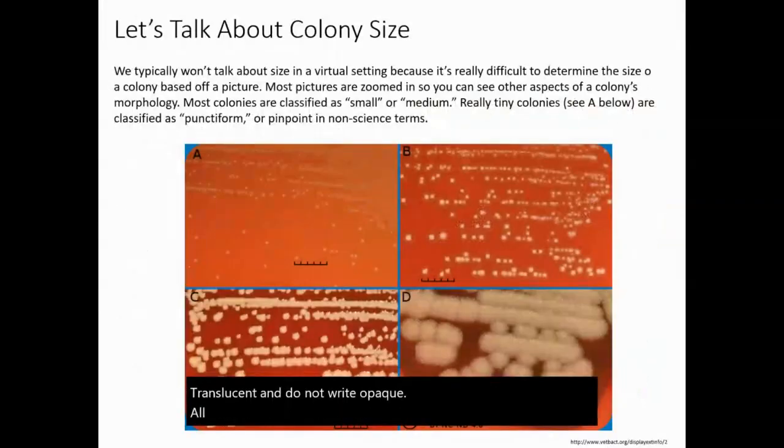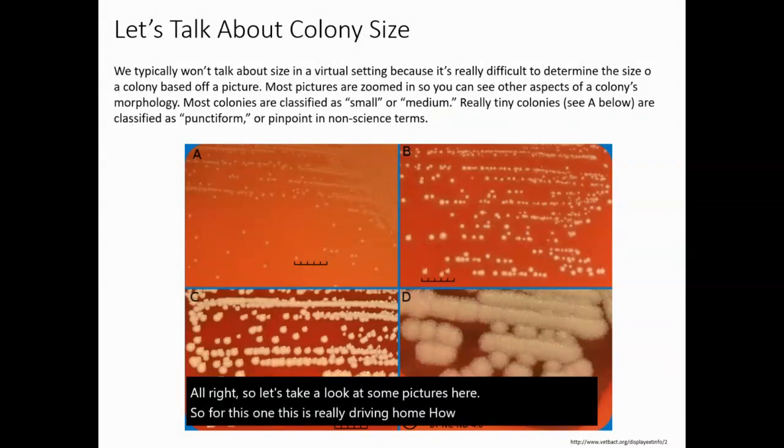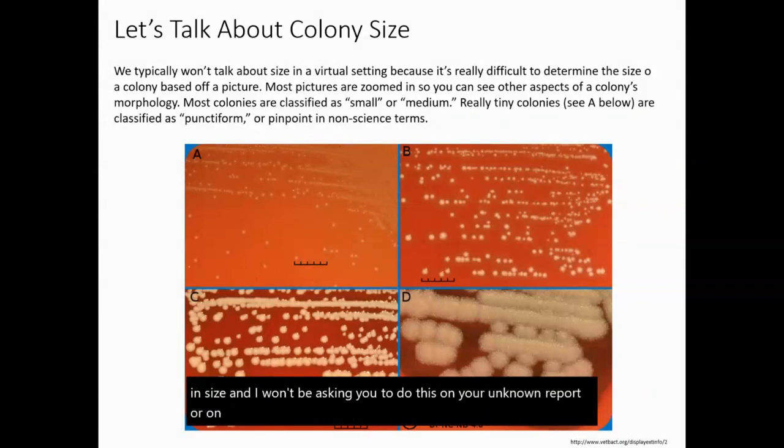All right, so let's take a look at some pictures here. For this one, this is really driving home how diverse colonies can be in size. And I won't be asking you to do this on your unknown report or on any assessments because I could be showing you organism A, which is punctiform.